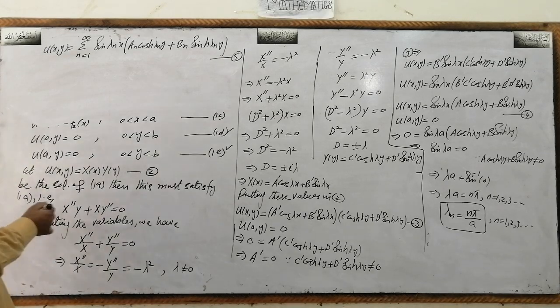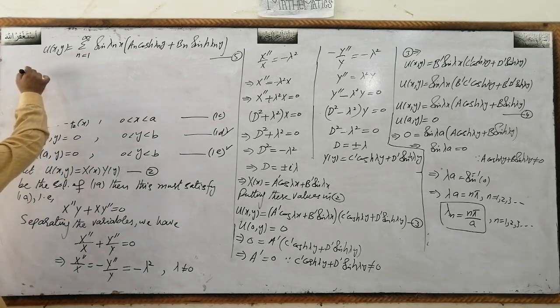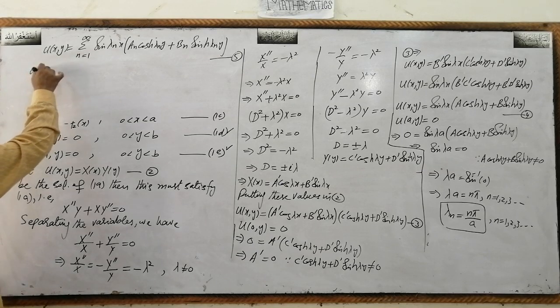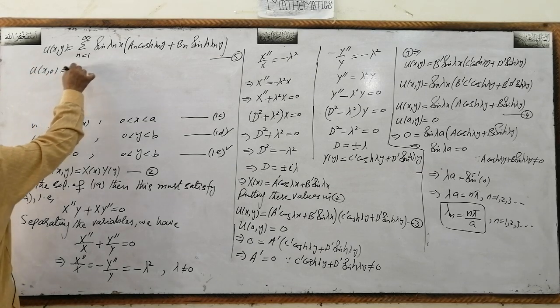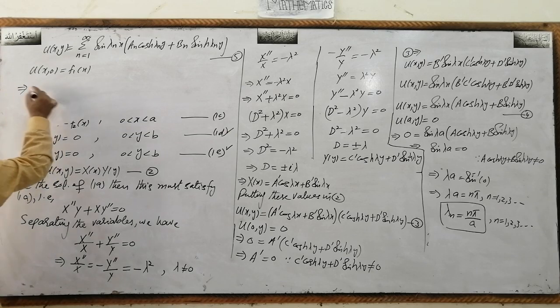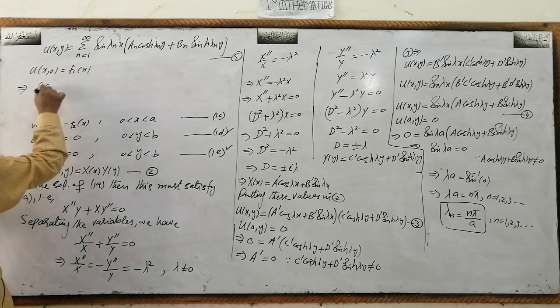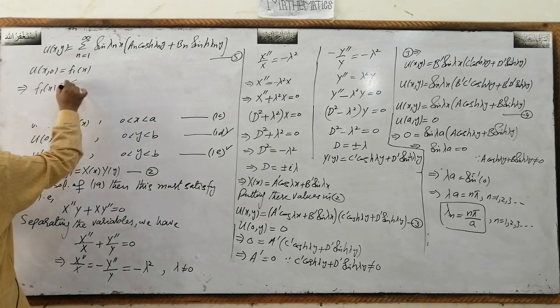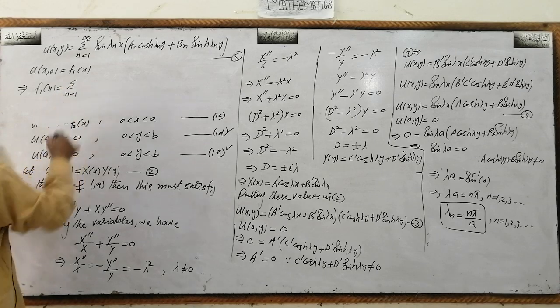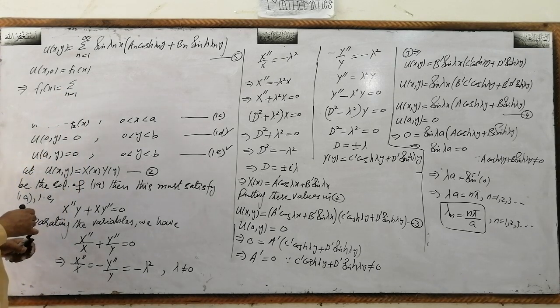Okay. Now we use the first boundary condition, u(x,0) is equal to f1(x). Now when we put y is equal to 0, this will become u(x,0) and this will become f1(x). On the right hand side, we have to put y is equal to 0.